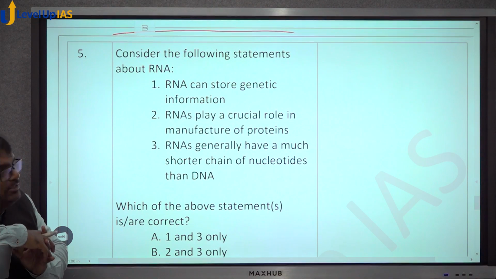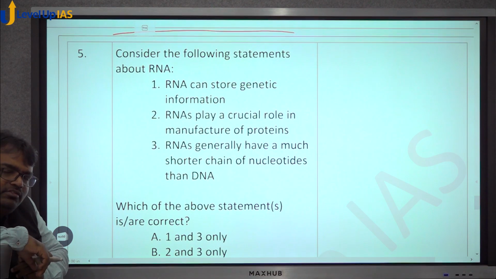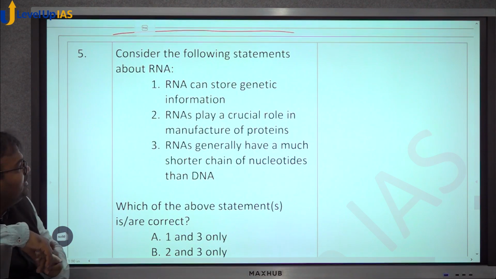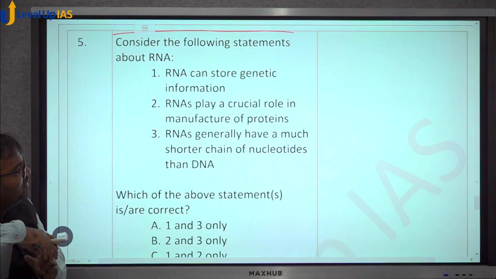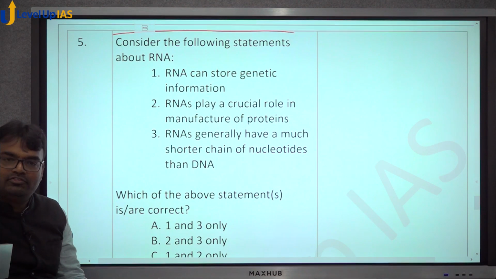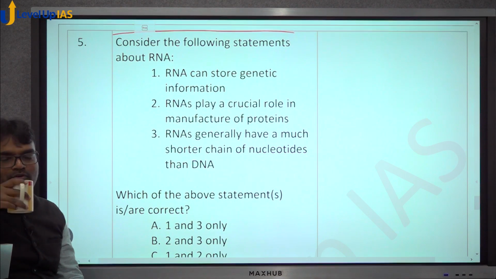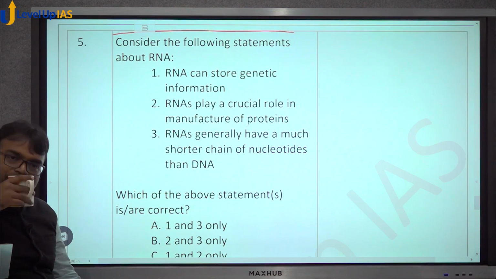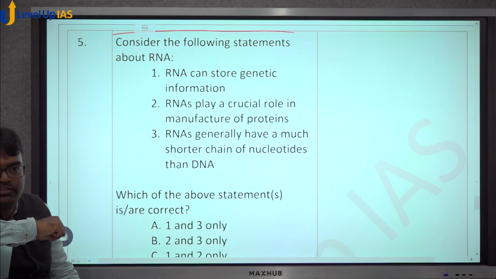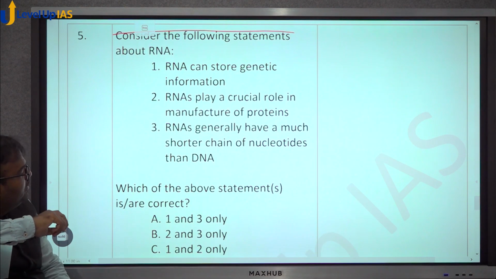Consider the following statements about RNA. Okay, let Priyanka answer this. Priyanka ji? Where does it store genetic information? Some viruses. Nice. So RNA does play an important role in manufacturing of protein. Third?